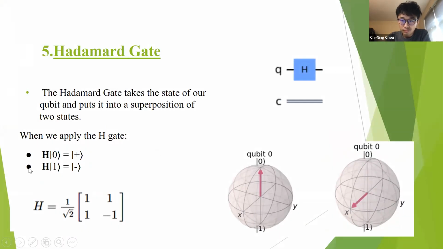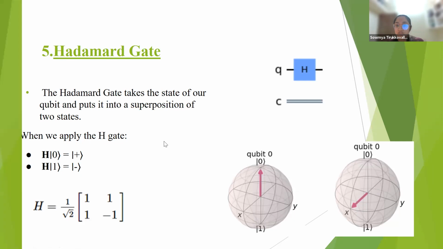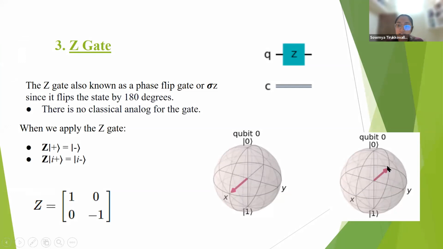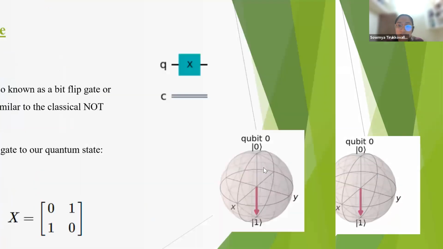Just to show that when you apply the Hadamard gate to state 1, it flips it to the minus state, which is a superposition of state 0 and state 1. For a visual interpretation, the minus state would point towards the negative x axis.